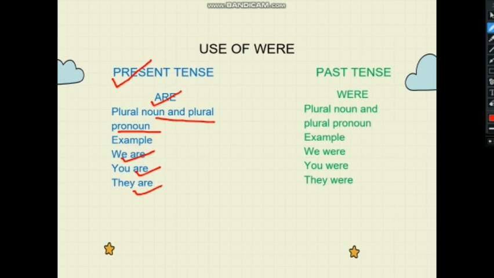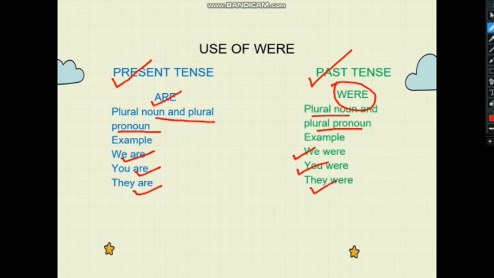Now when we come to were, जब हम were की बात करते हैं, that means now we are talking about the past tense. Noun and pronoun will remain plural, but now we will say, instead of saying we are, हम अब बोलेंगे we were. You are के जगह आप क्या बोलेंगे? You were. They are के जगह बोलेंगे they were.